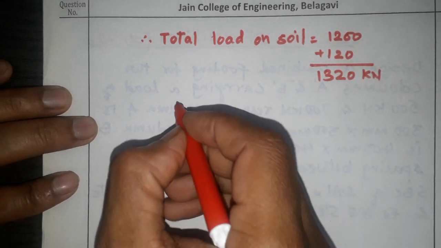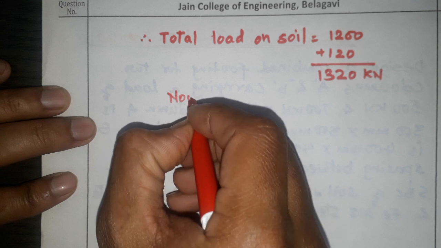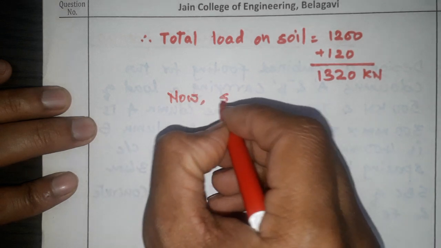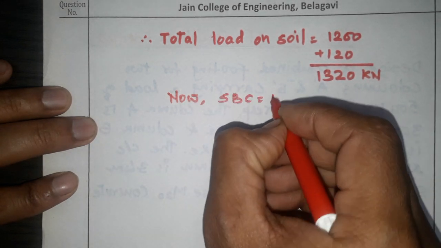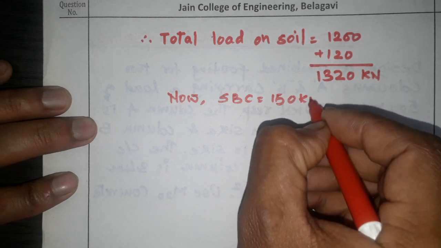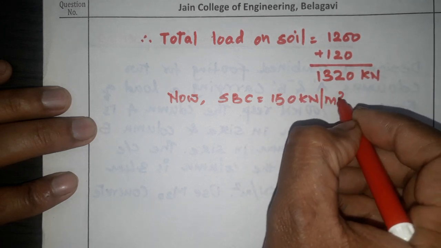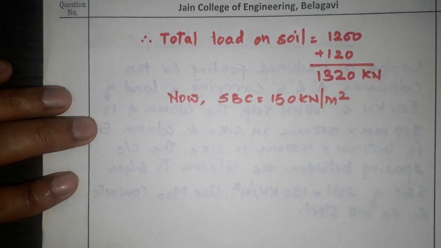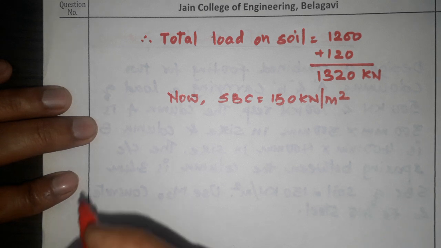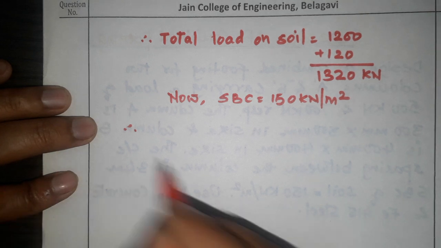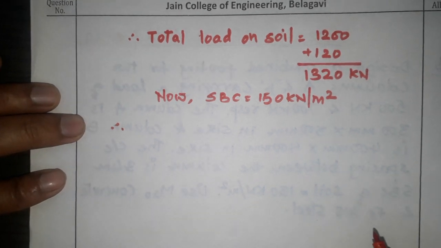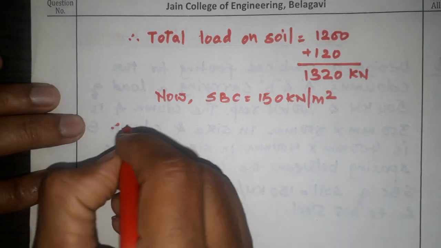Now, SBC is equal to 150 kilonewton per meter square. SBC is given as 150 kilonewton per meter square, so you can easily find out the area of the footing.